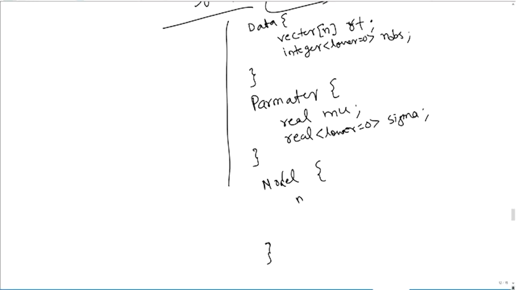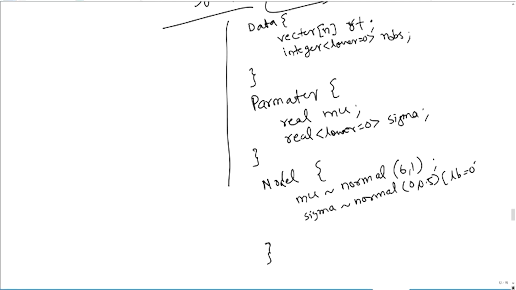So, for example, mu comes from normal(6, 1), sigma comes from normal(0, 0.5) with lower bound 0. Okay, something like this.